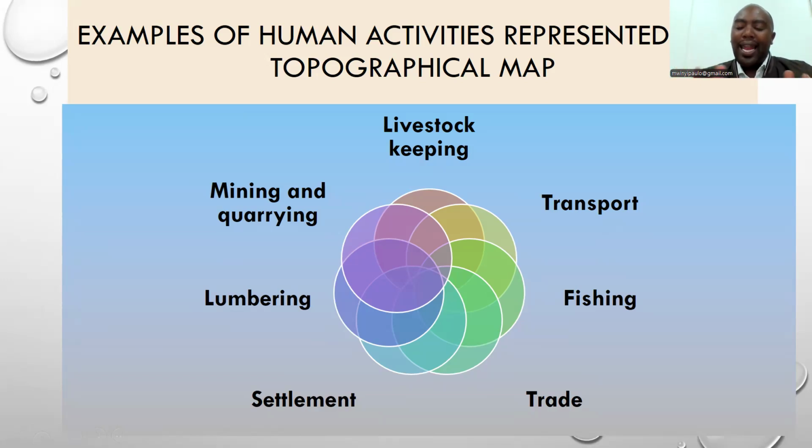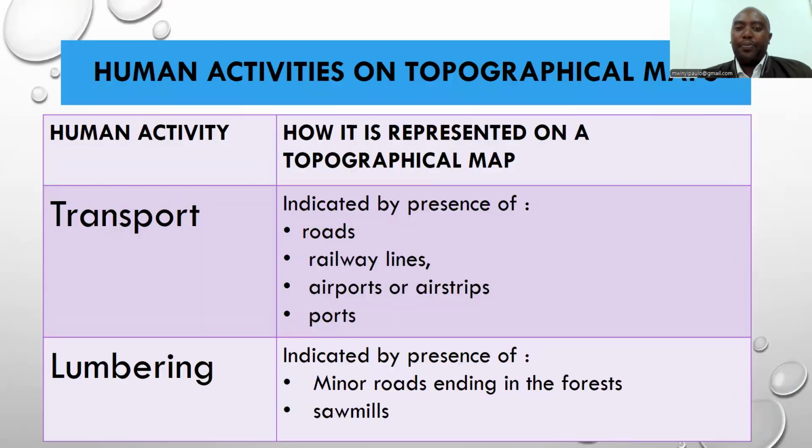Let's learn these human activities. There are quite a number. We've got livestock keeping, transport, fishing, trade, settlement, lumbering, mining, and quarrying, among other human activities that can be represented on a topographical map.